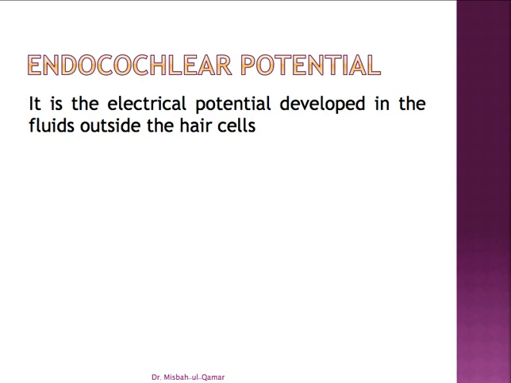There is a difference of electrical voltage between two fluids even, and that difference is around 80 millivolts. Now we will see how the endocochlear potential is generated and what is the cause for its generation.